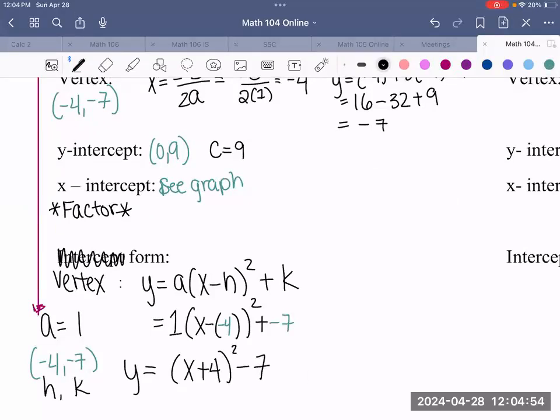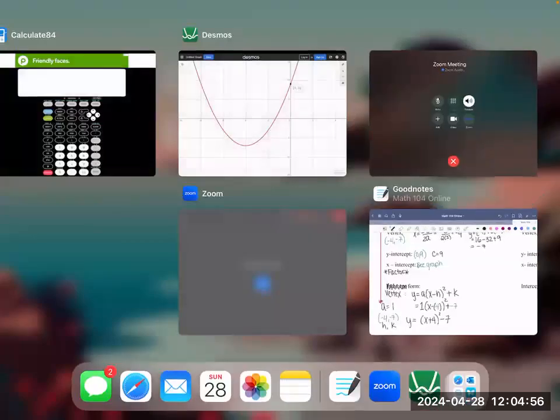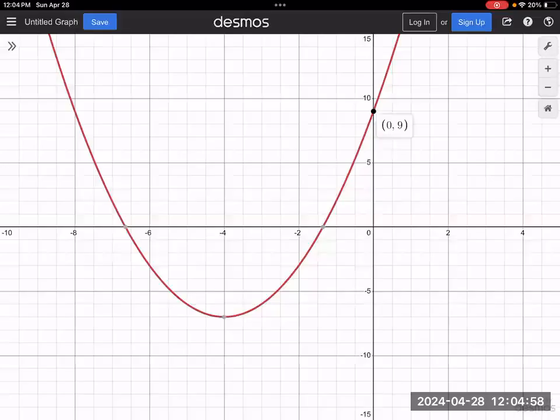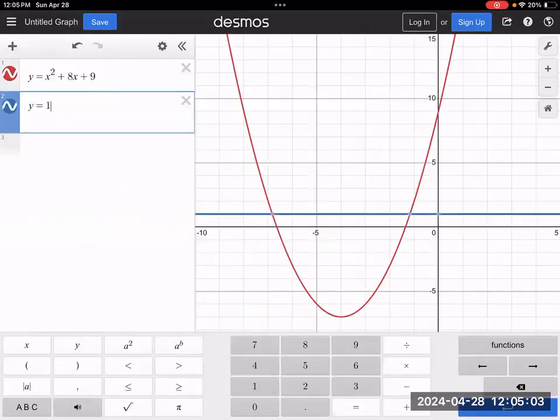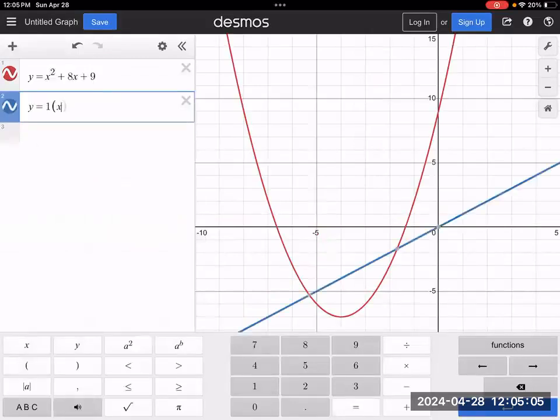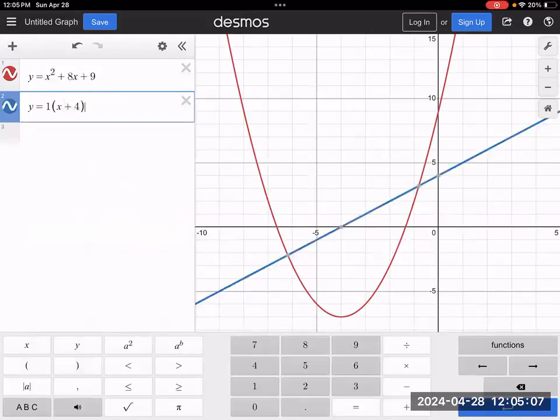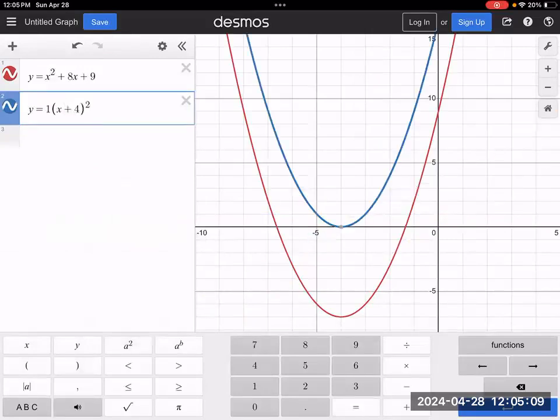Now, if we were to plug this into your equation over here, or your graph, we have y equals, a is 1. We said x plus 4 squared minus 7. And notice we went from a red graph right onto the blue graph, which means they are the exact same equation.